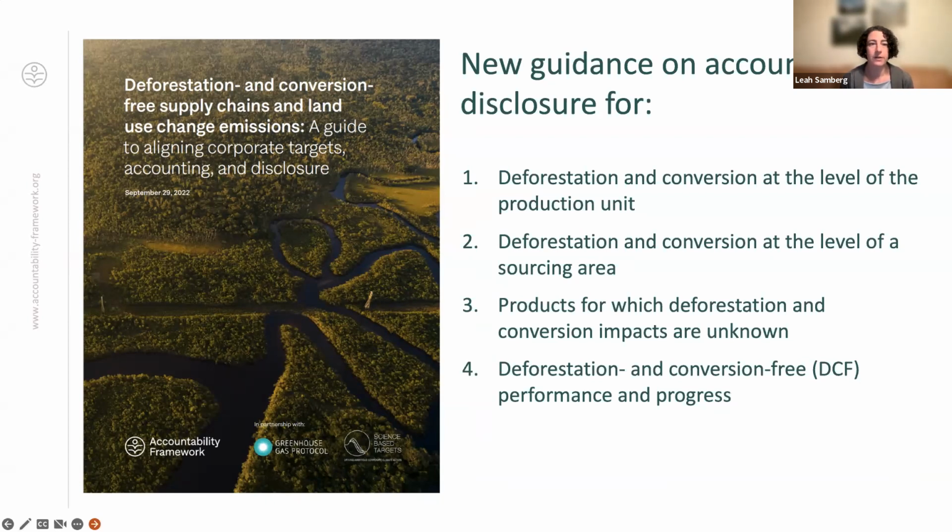So the 4 topics I'm going to touch on briefly are deforestation and conversion at the level of the production unit, and deforestation and conversion at the level of a sourcing area, as Matt laid out in his presentation, accounting and disclosure around products for which deforestation and conversion impacts are not known, and then accounting and disclosure around deforestation and conversion-free or DCF performance and progress.